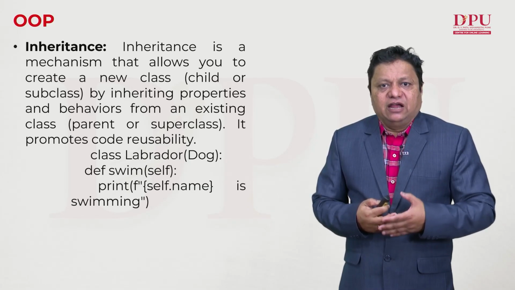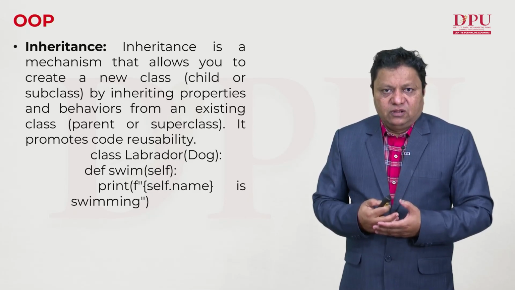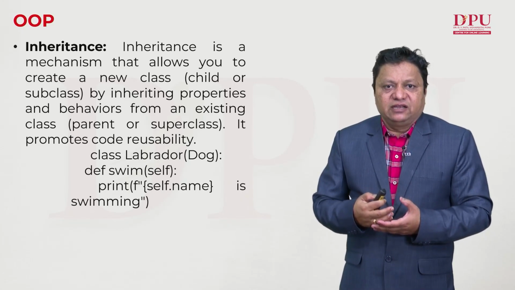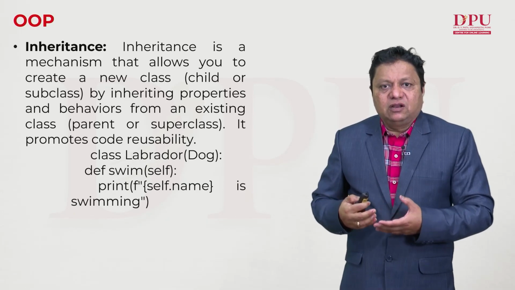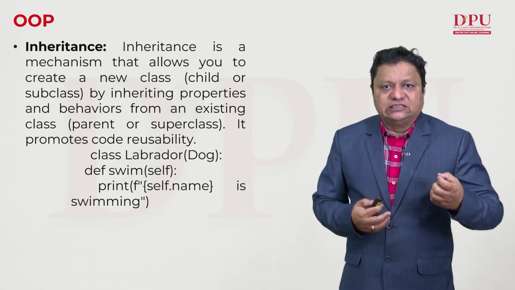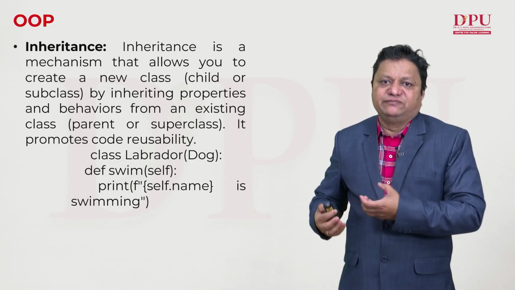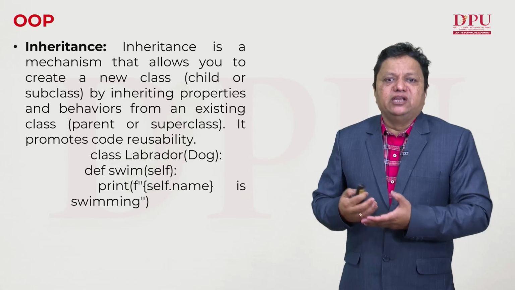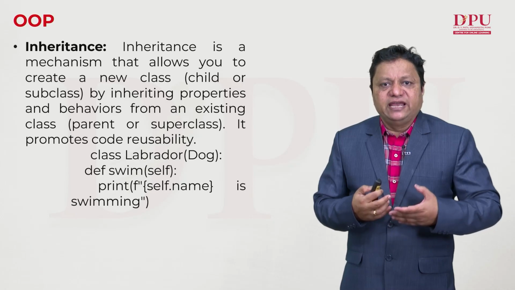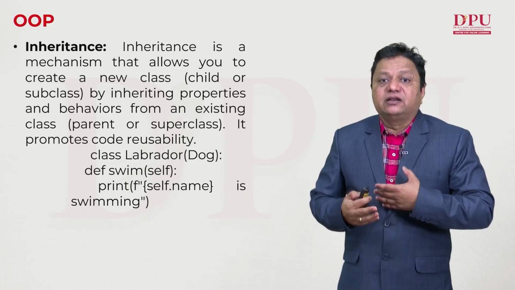Say, for example, I have created a class called fruit. From the fruit class I can create another class called vegetables. What happens here? The data members of the class fruit, which are already created, come into my new class vegetables. I don't need to redefine them in my new class. Without directly making changes to the existing class, I can create a new class, and that is called reusability.